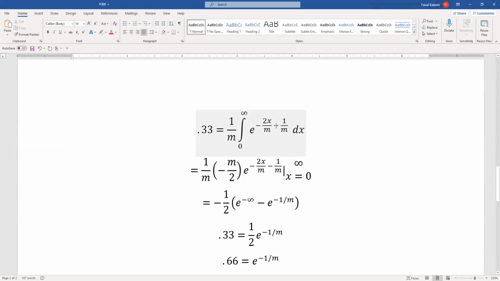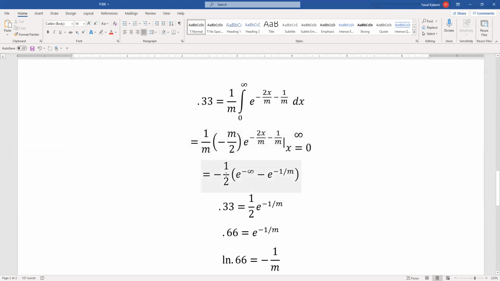If you do the u substitution, you will pick up a negative 2 over m as the derivative. So you divide by negative 2 over m, which is the same as multiplying by negative m over 2. And then we already had that 1 over m. The limits are from 0 to infinity. So the m and m cancel and we just get negative half.